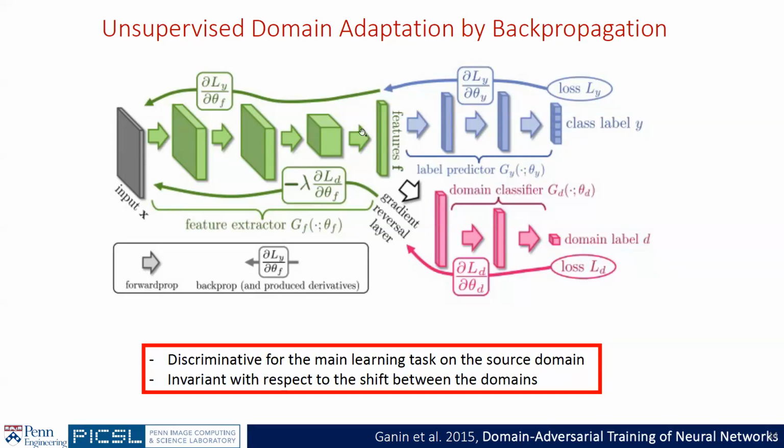For this particular network, what the authors did was they divided the network into 3 components. The first one was this feature extractor, where you have your input image X coming from any of the domains, and you extract some features F out of it. Then you have 2 legs after this encoder, where the first will classify your labels Y, whether it's a cat or a dog, or what have you.